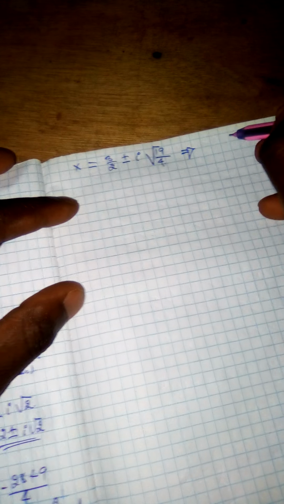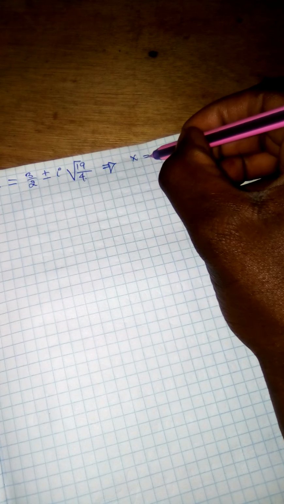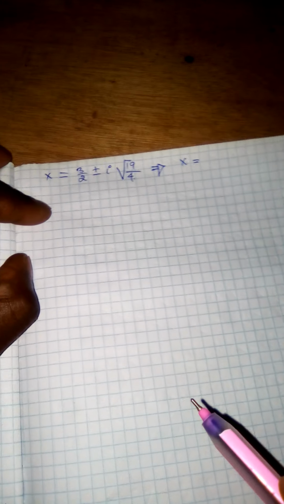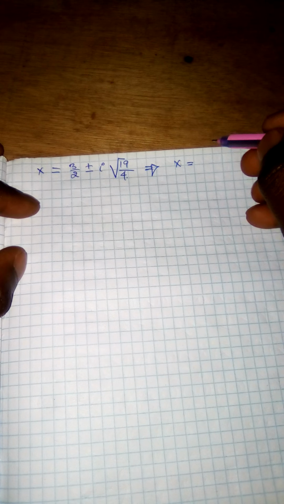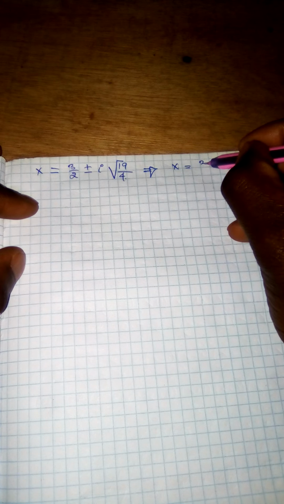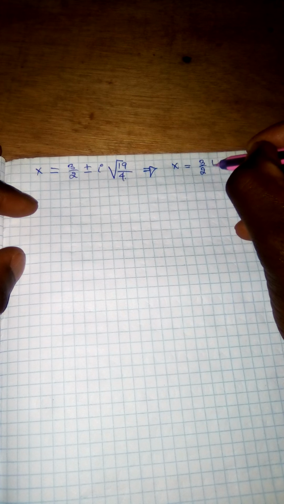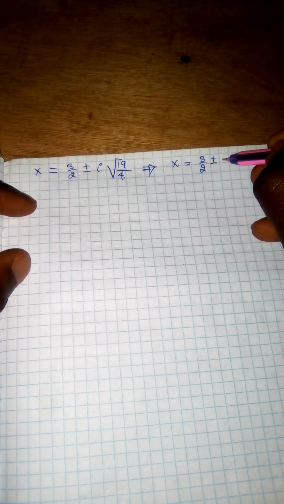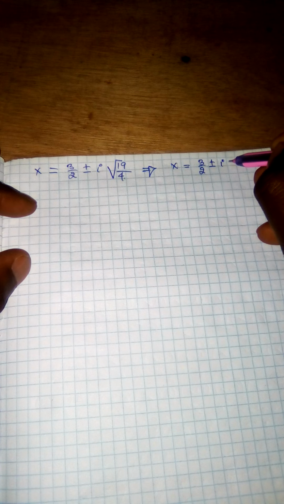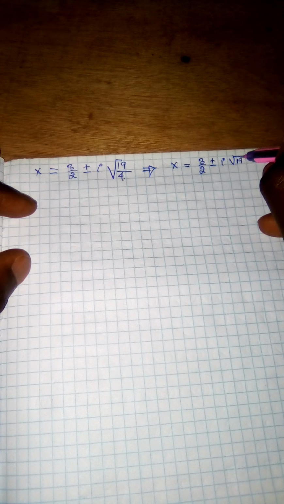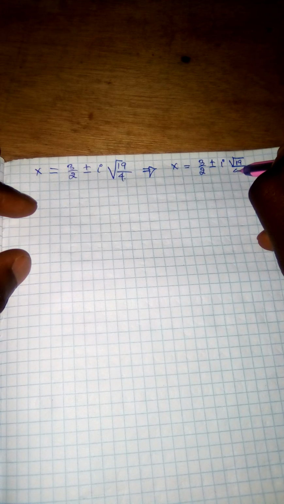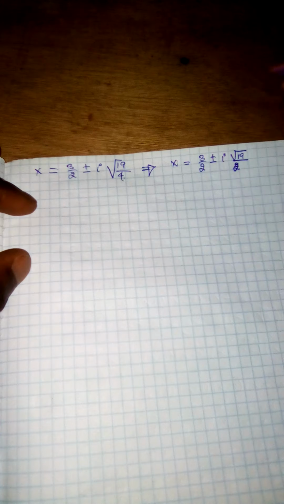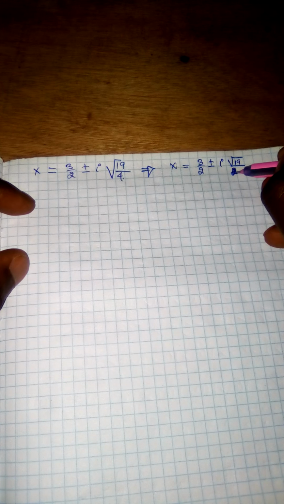This would give x equal to 3 over 2 plus or negative i square root of 19 over 4, no, over 2, because the square root of 4 equals 2, right?